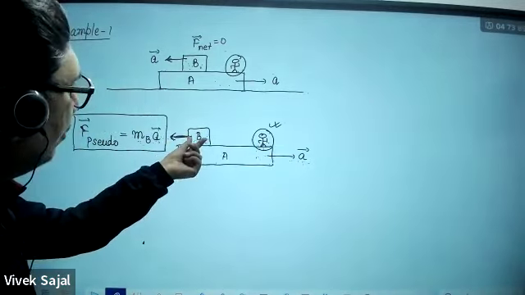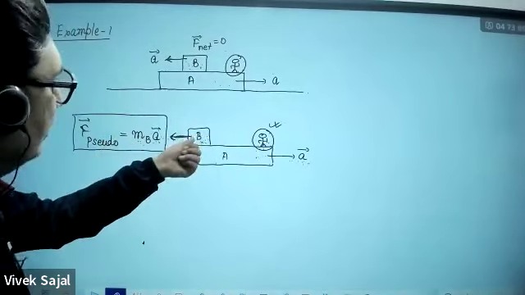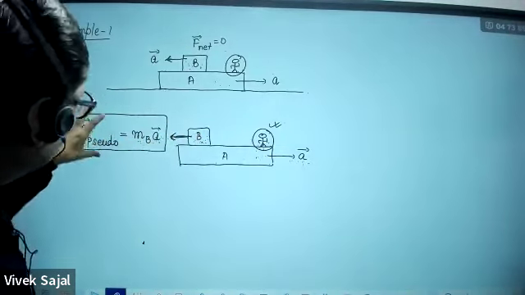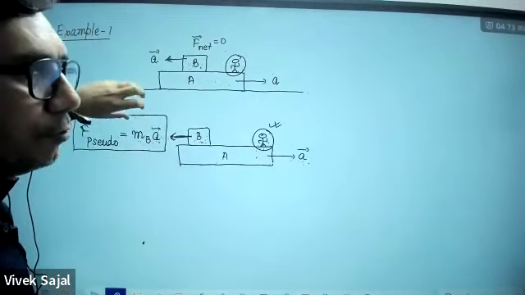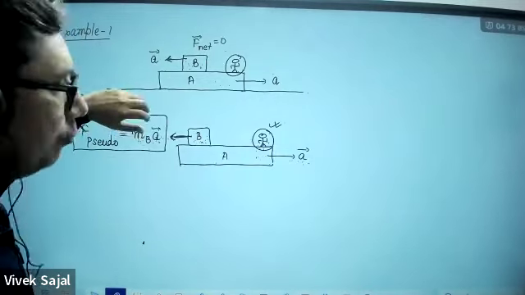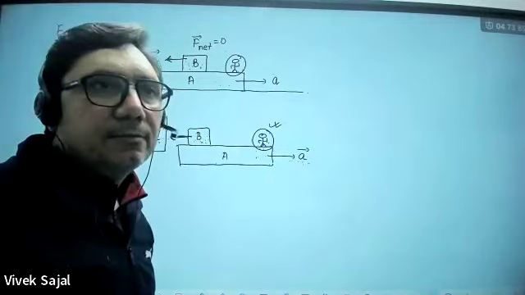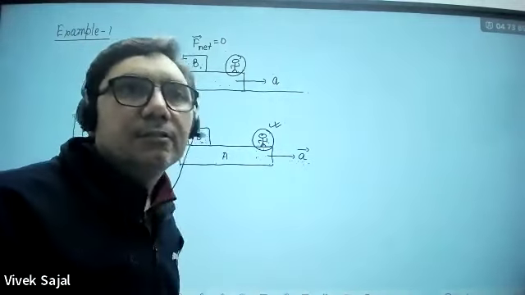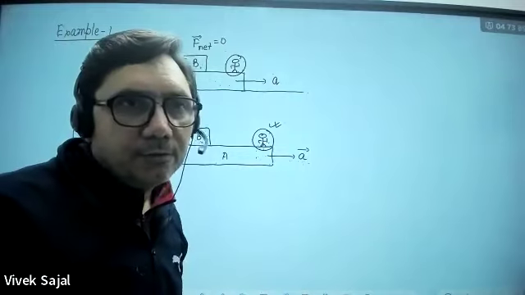We are saying that this block B is having acceleration in the backward direction. This person is saying this block is moving in the backward direction due to this pseudo force. So you have created a cause due to which this acceleration is coming into the picture. This cause is not real, but knowingly you are introducing this cause so that we can apply Newton's laws of motion.